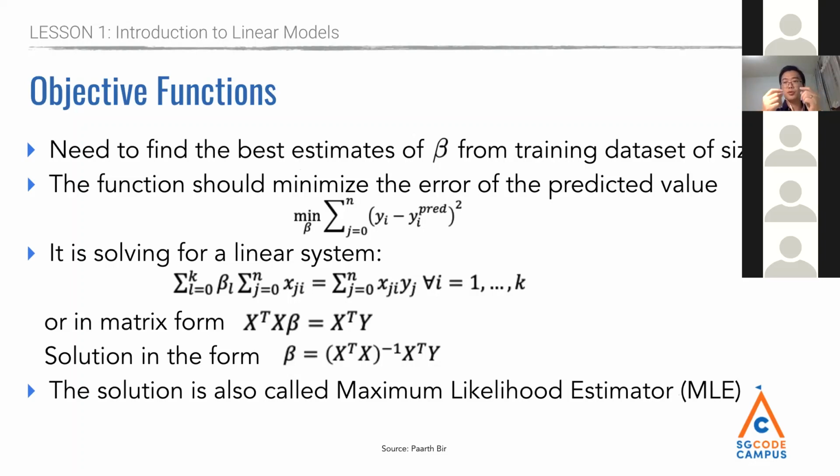The difference between them is how badly your model is doing, and you try to minimize the error between your predicted outcome and the true outcome. That's the rationale behind the objective function. So the objective function is used to guide your fit and find the best fit model. And this solution is also called the maximum likelihood estimator.